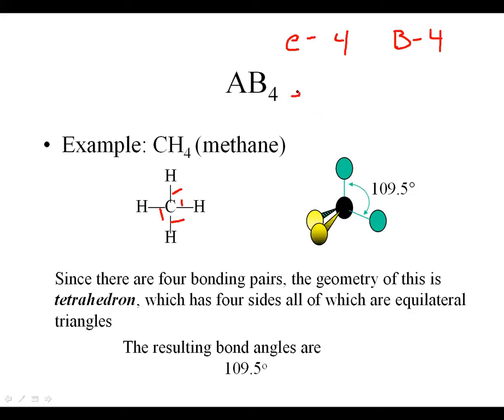The electron pair geometry is what is known as tetrahedral or tetrahedron, but most people nowadays call it tetrahedral. And the molecular geometry name is also going to be tetrahedral. Will be the same, so it'll be tetrahedral as well.